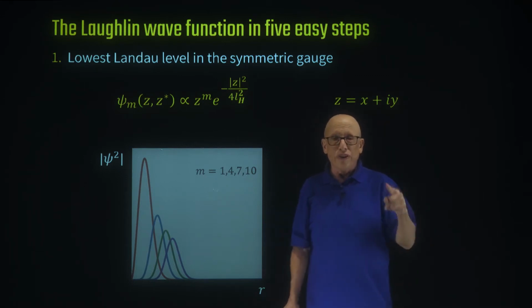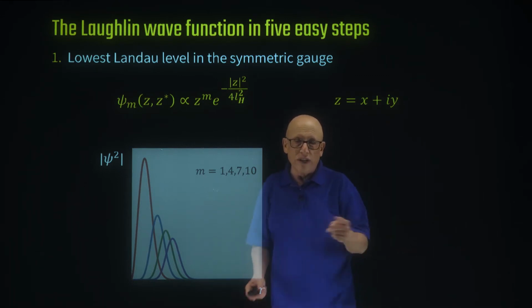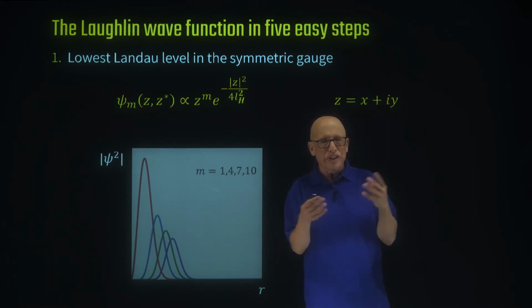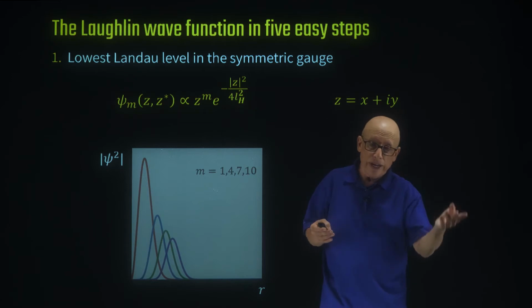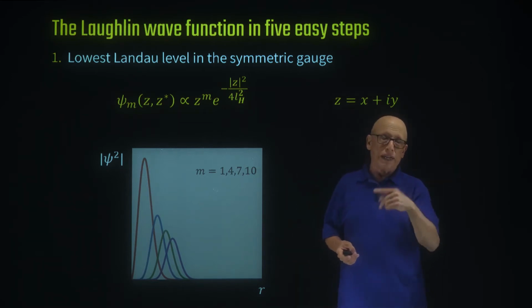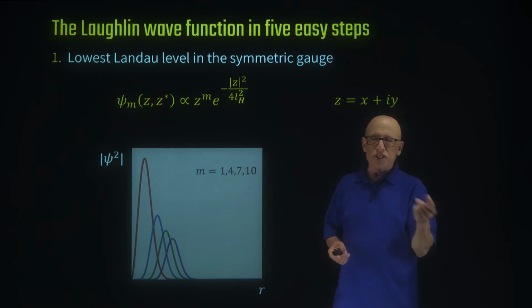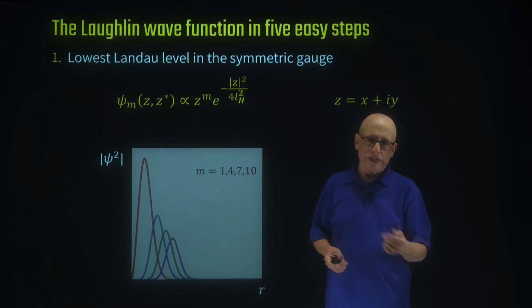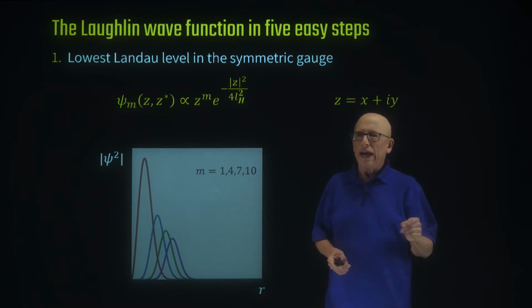For the lowest Landau level, we saw in a different video how the wave functions look in the Landau gauge. Here we're using a different gauge, the symmetric gauge, where the vector potential is 1/2 B cross R. You saw it in the Hamiltonian a couple of slides ago.